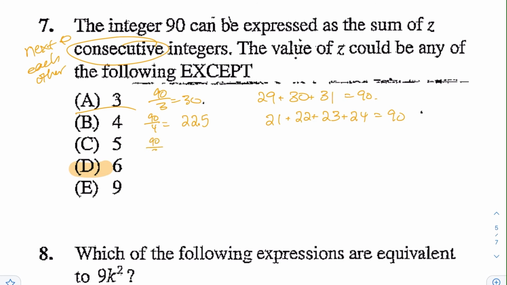Next up, you have 5. You do 90 divided by 5. That's equal to 18. So just pick the numbers around 18, and you need 5 of those numbers. So if you add these, you will also get a sum of 90.